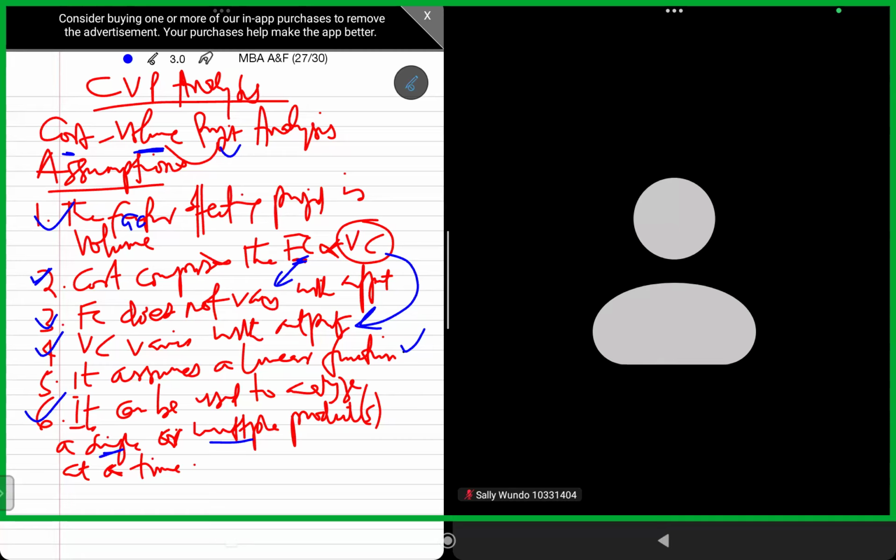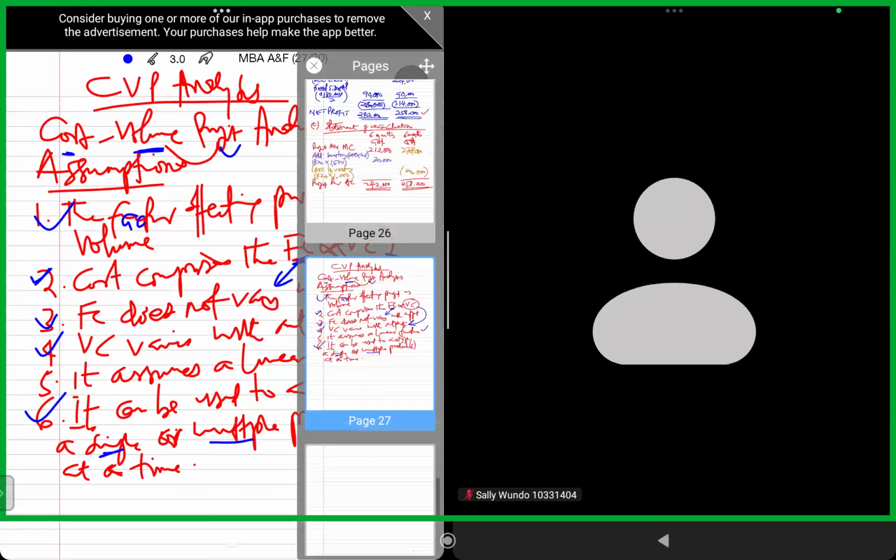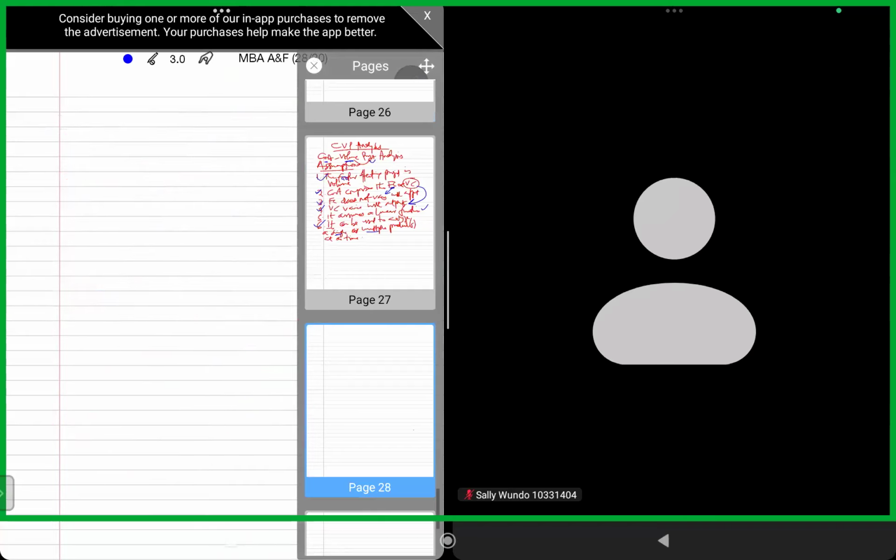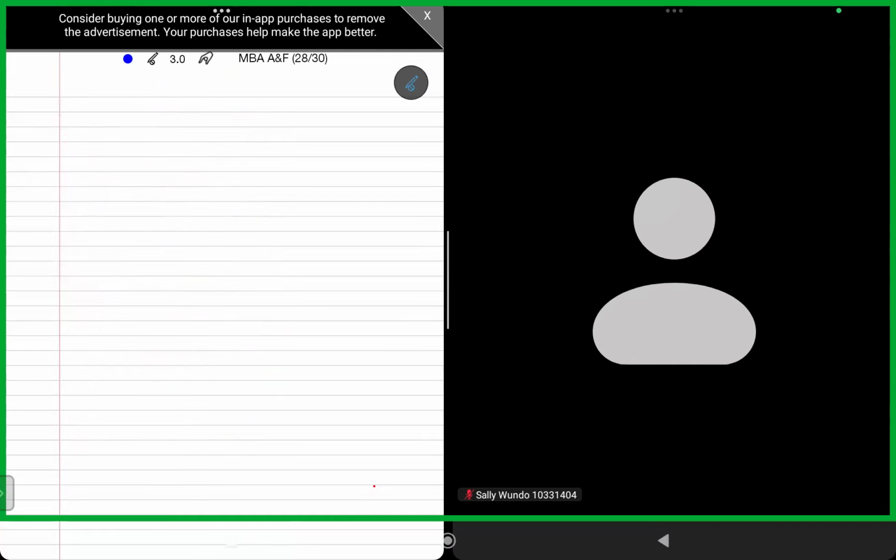Now we're going to look at certain formulas in CVP which are needed for us to satisfactorily compute our CVP. So let's look at some formulas. Number 1, we are going to find what are called break-even points.